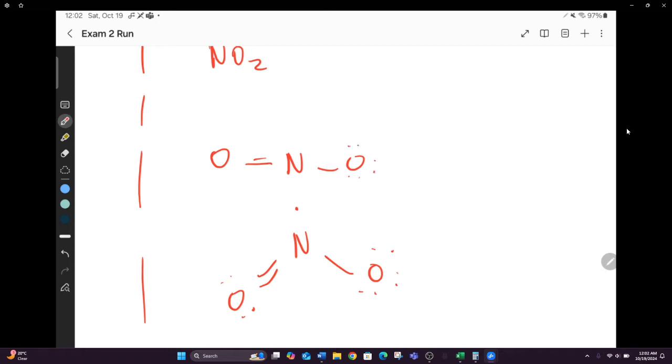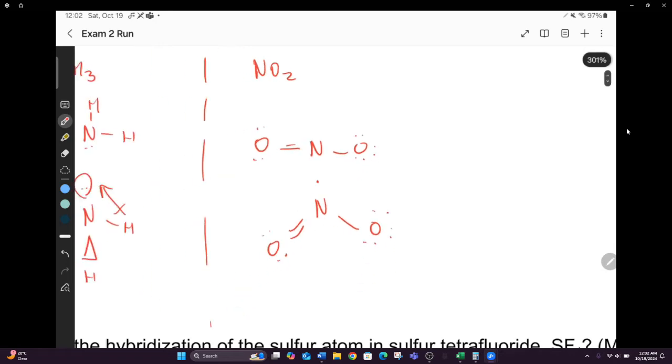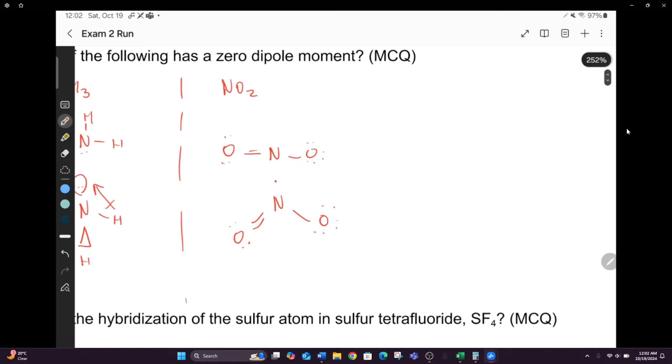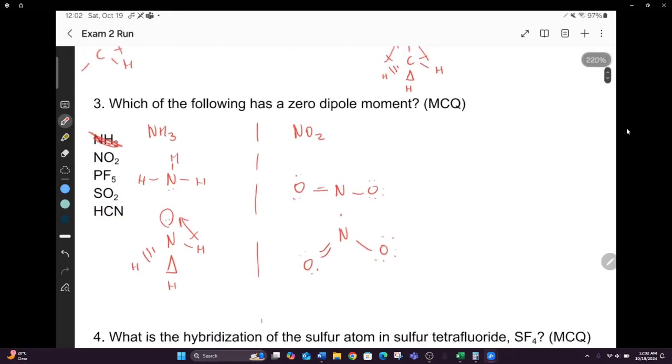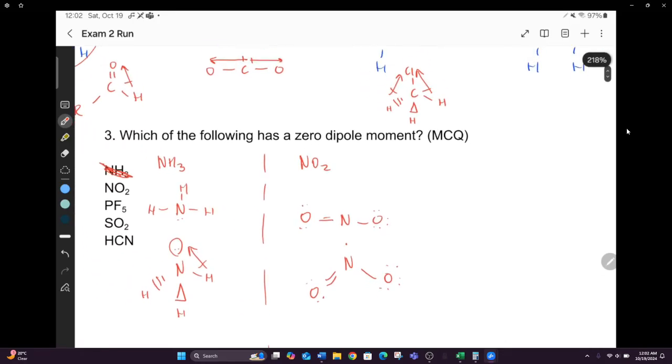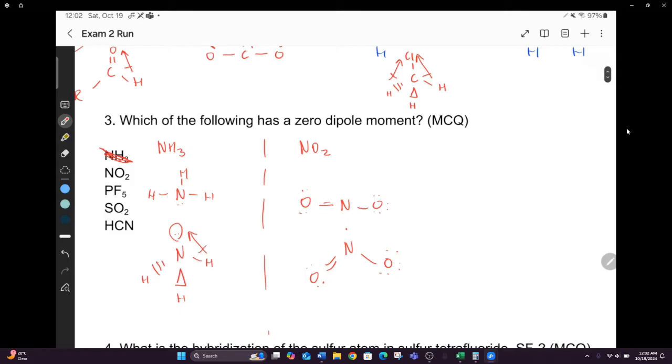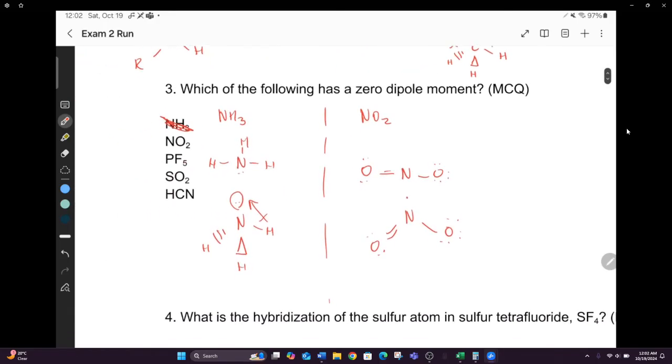Unfortunately, it's not like that, so we know that there's going to be a dipole moment. And again, like I said, shape determines dipole moment a lot of times, in cases where there are uneven electronegativities. So NO2 is not.